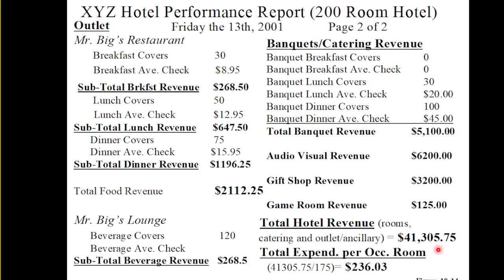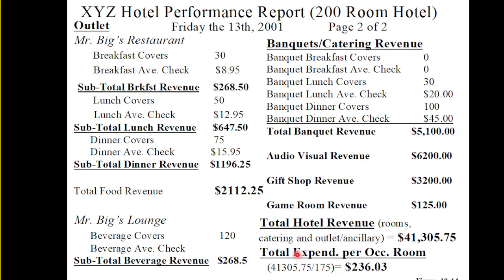$41,305.75. So how are you going to get the total expenditure per occupied room?